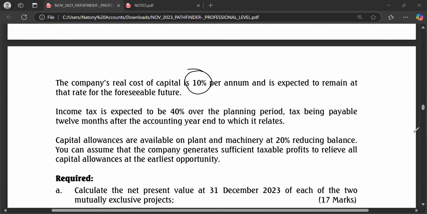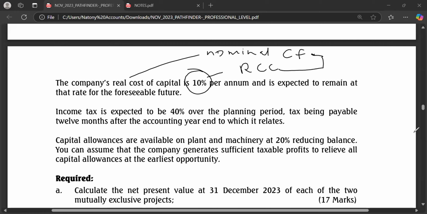Now, remember that we were given nominal cash flows. Here, the examiner has given you the real cost of capital, but you cannot use the real cost of capital to discount nominal cash flows. I hope you know that already.